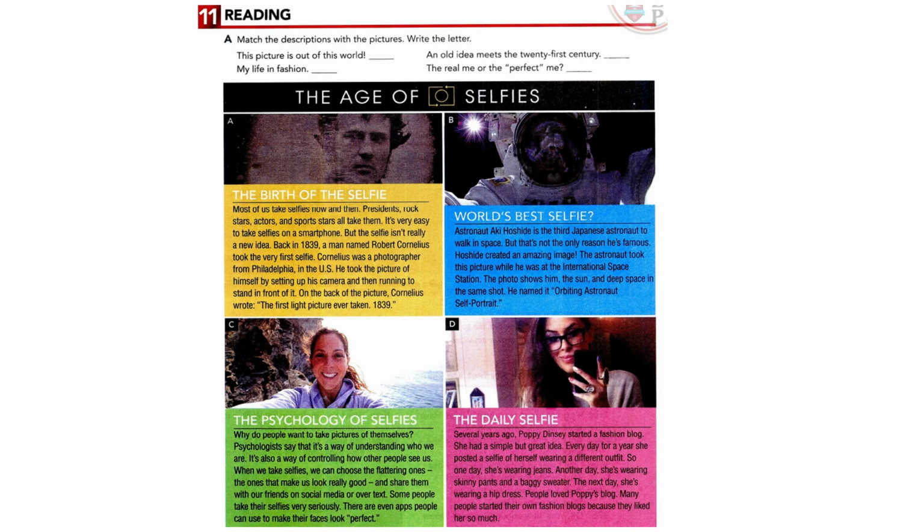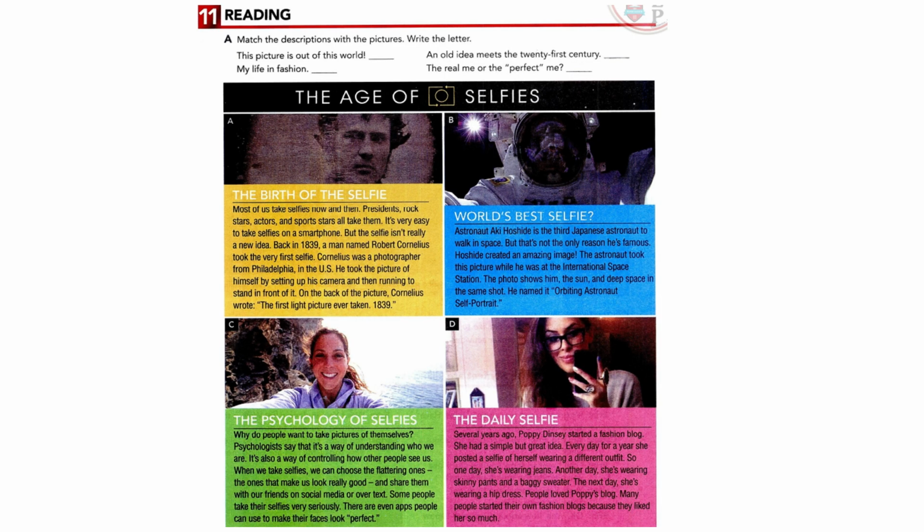Most of us take a selfie now and then. Presidents, rock stars, actors, and sports stars all take them. It's very easy to take a selfie on a smartphone, but the selfie is really not a new idea. Back in 1839, a man named Robert Cornelius took the very first selfie.